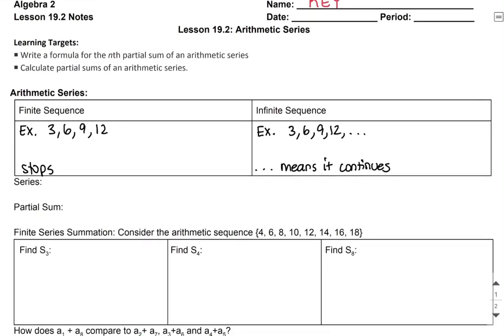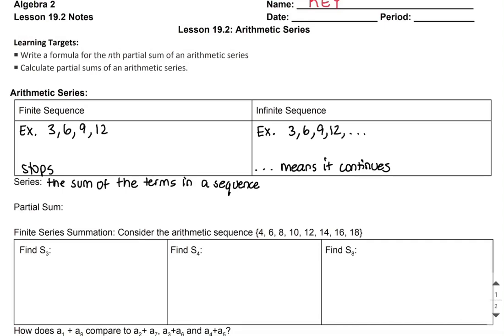All right, a series is what I just said, the sum of the terms in a sequence. The partial sum would be the sum of just the first n terms of the sequence.